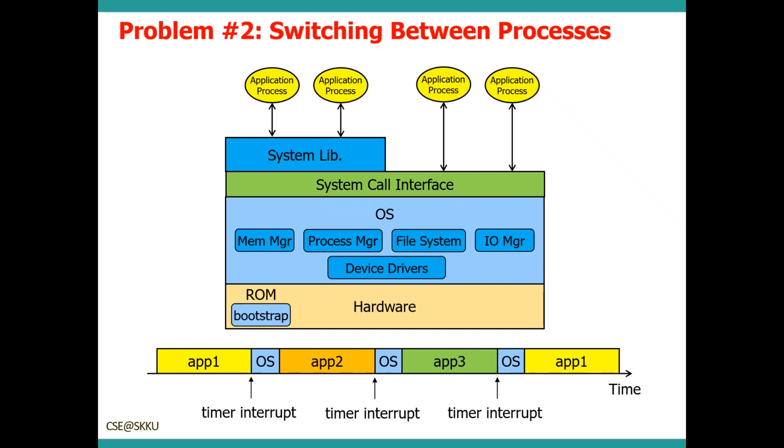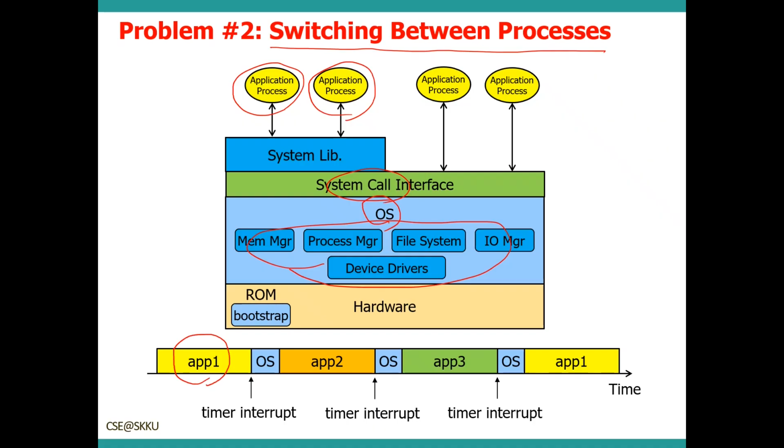This figure shows the switching between processes via timer interrupt. So there are many running applications. They can interact with the operating system via the system call interface, and the operating system manages important system hardware resources. During the execution of application 1, which runs directly on the CPU by direct execution, a timer interrupt is periodically raised, and control is regained by the operating system.